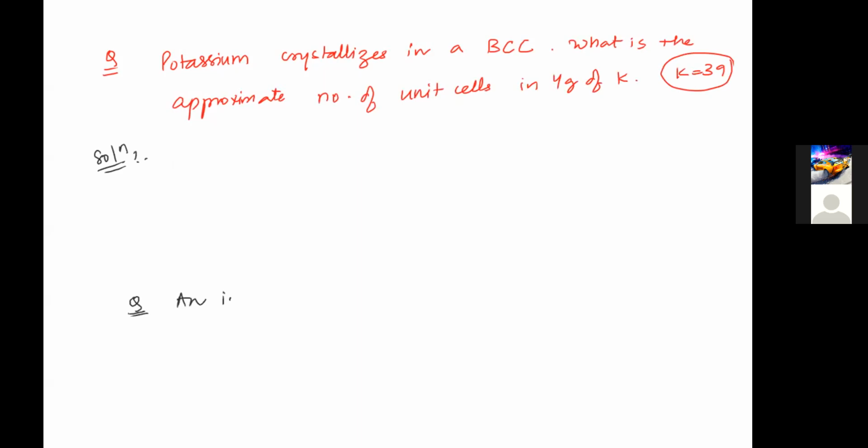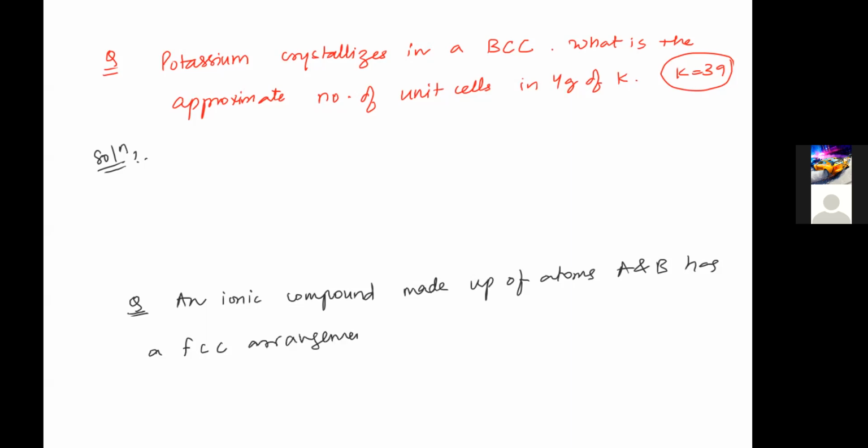You have an ionic compound made up of atoms A and B, which has an FCC arrangement in which atoms A are at corners and B at face centers.